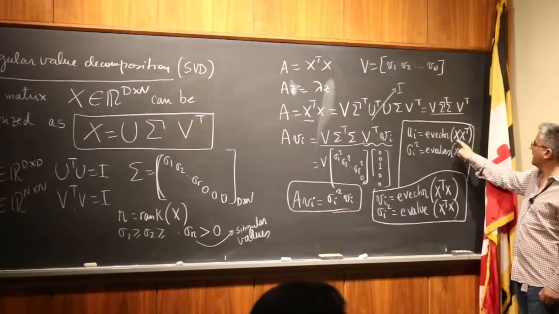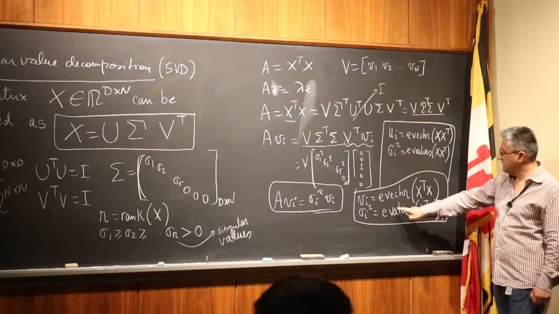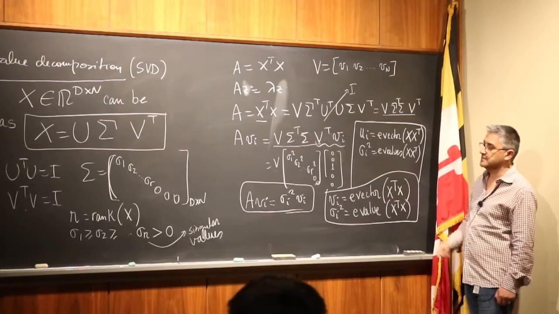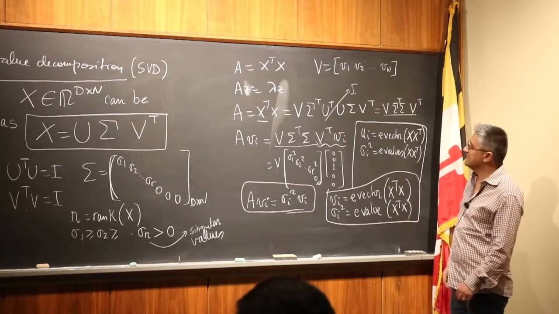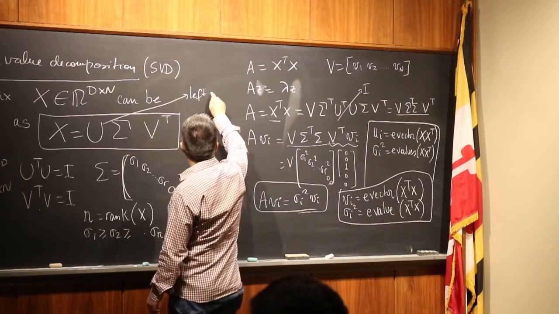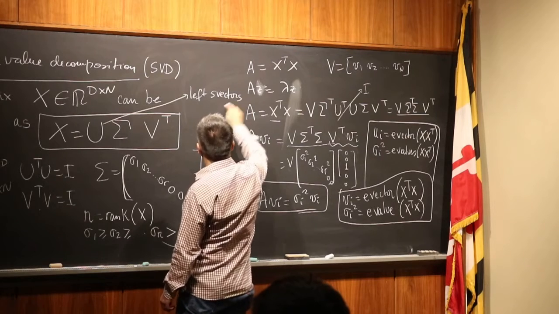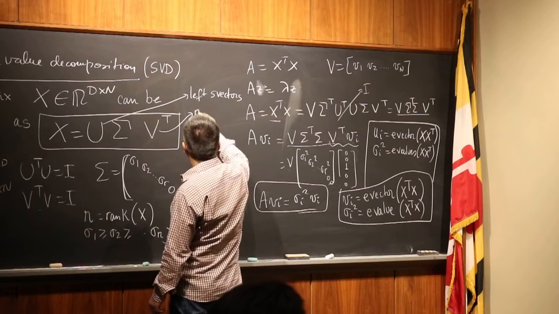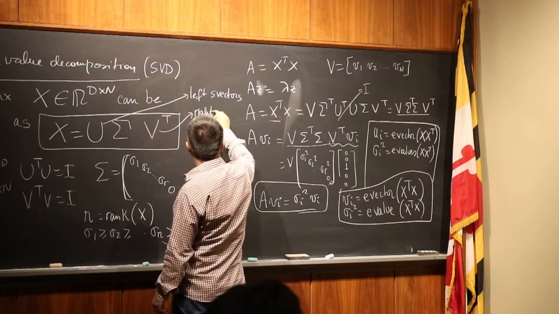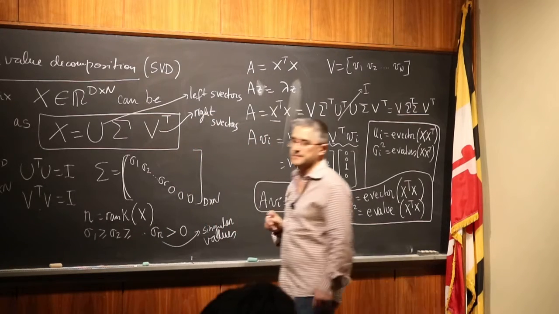The U's are the eigenvectors of XX transpose, and the V's are the eigenvectors of X transpose X. By the way, and I didn't say so, these guys have a name. Singular vectors. These are called left singular vectors, and these are called right singular vectors.